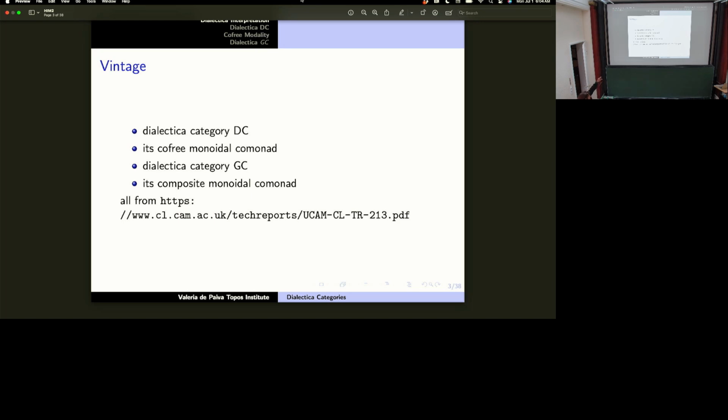So I did a thesis with 4 chapters, one about the category DC, one about the category GC, and 2 special structures on these categories, the co-free monoidal comonad, and a more complicated one, which I'm calling a composite monoidal comonad. I might not get to this point at all, because there's quite a bit of calculation that has to happen to get there.